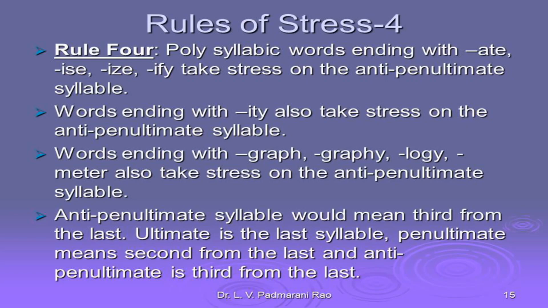We discussed what antepenultimate syllable is. Ultimate syllable is the last syllable. Penultimate syllable is last but one syllable. Antepenultimate syllable is third from the last. So the third from the last syllable is to be accented whenever we have number one according to the rules of stress, the polysyllabic words ending with ate, ise, ize, and ify.